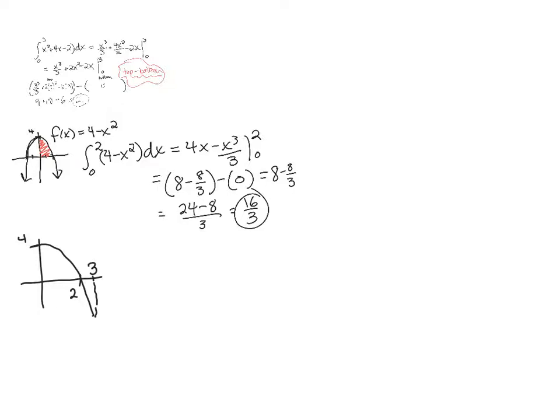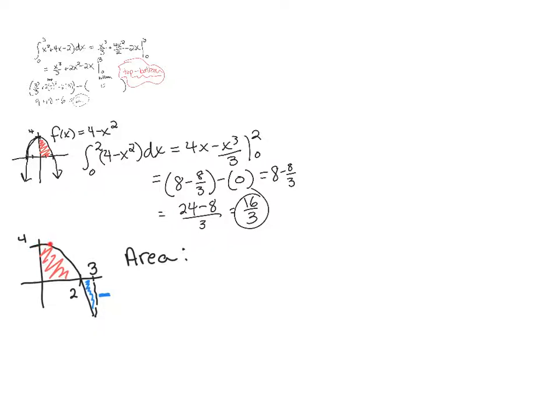Now, if I'm finding area, I see that this part from 0 to 2 is above the x-axis, but this part is below. So this area is negative. Remember, I told you top minus bottom. That goes for setting up your integral as well.